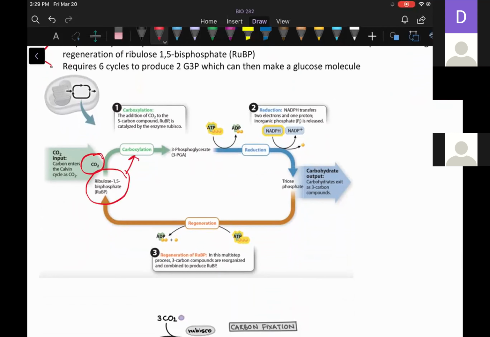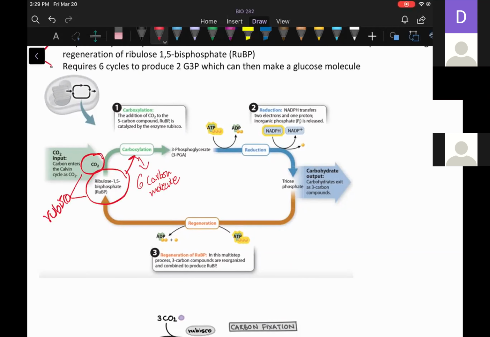What that means is basically we're going to add that carbon from carbon dioxide into the ribulose 1,5-bisphosphate, and we're going to make a 6-carbon molecule. This process happens with the help of the enzyme Rubisco.